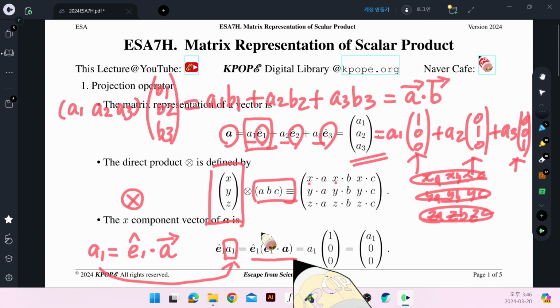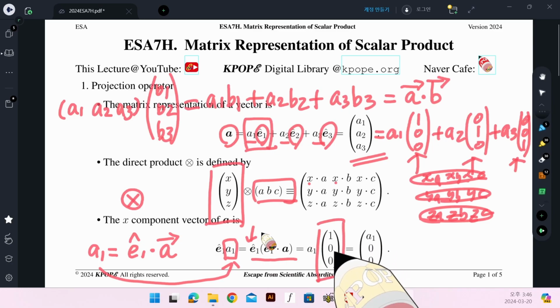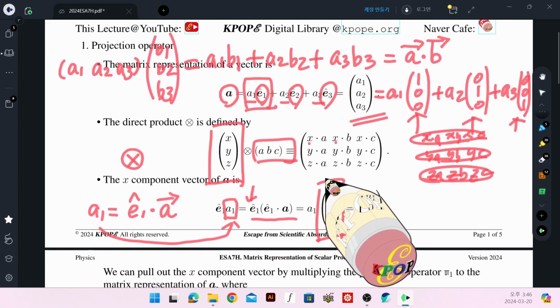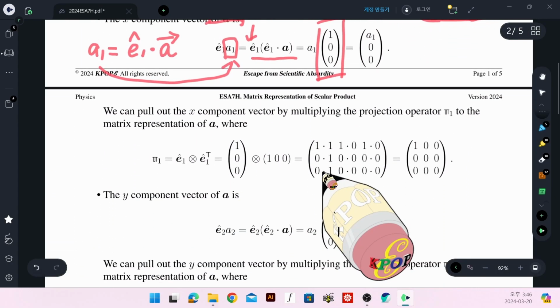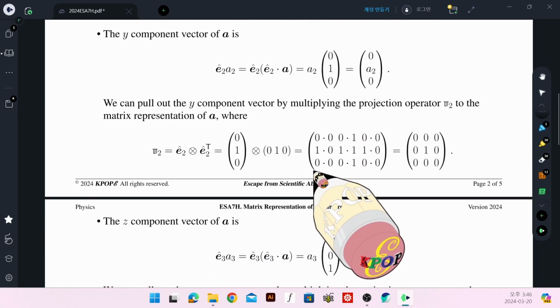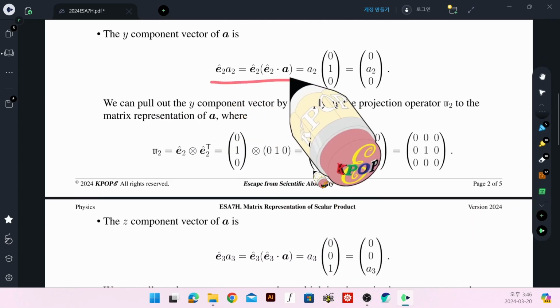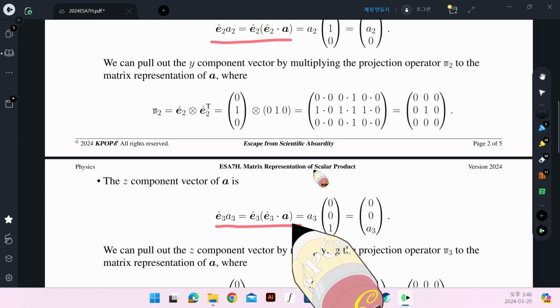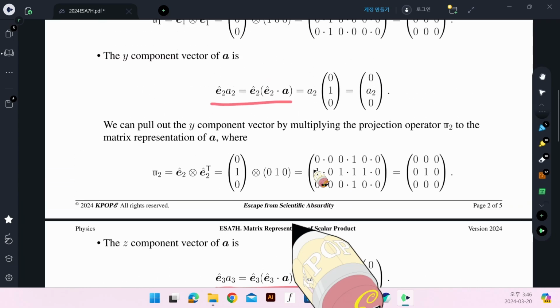And then E1 hat can be expressed as a matrix representation 1, 0, 0, and this is the coefficient. In a similar manner, we can express the y component vector and the z component vector as well.